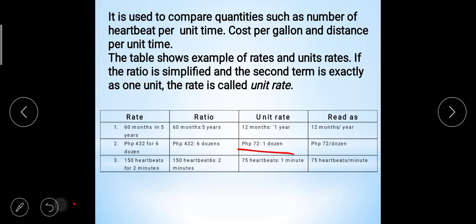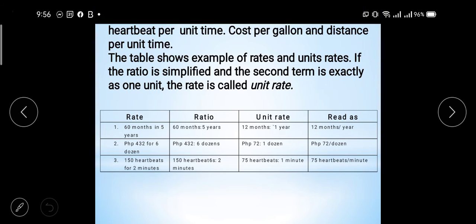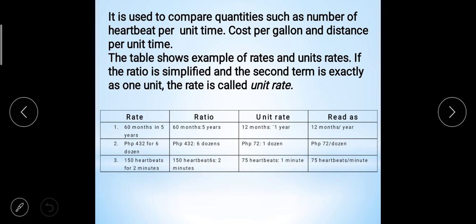Number 3. Okay, so what is the common factor of 150 and 2 minutes? Jeric. Common factor of 150 and 2 minutes. 150 heartbeats in 2 minutes. Common factor.